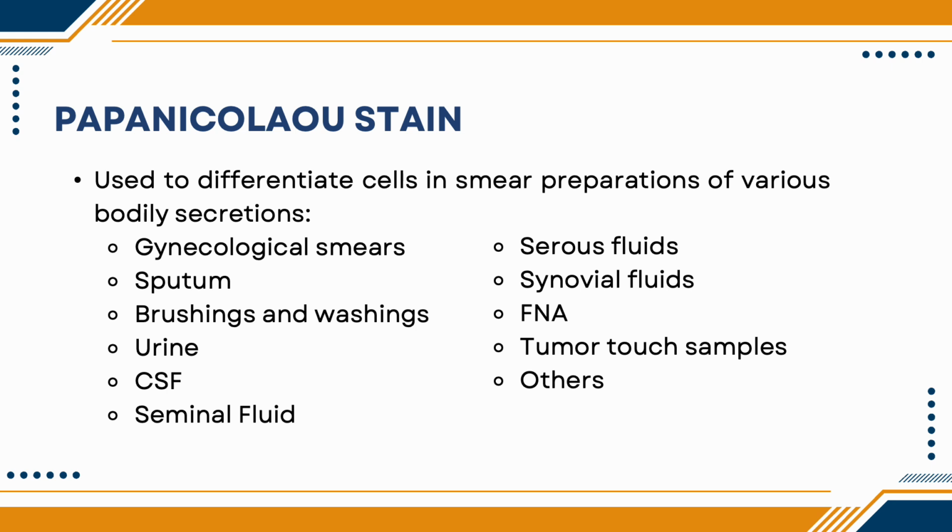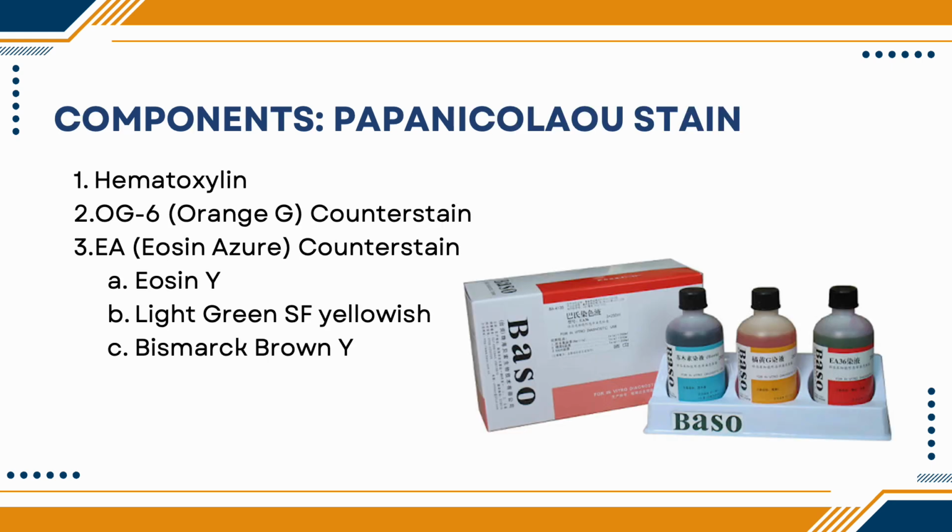Again, it is used to differentiate cells in smear preparations of various bodily secretions, which typically is implemented in gynecological specimens, but you can also use it in other cytologic studies, including sputum, brushings and washings, urine, cerebrospinal fluid, seminal fluid, serous fluid, synovials, fine needle aspirate, tumor touch samples, and many other cytologic specimens as well.